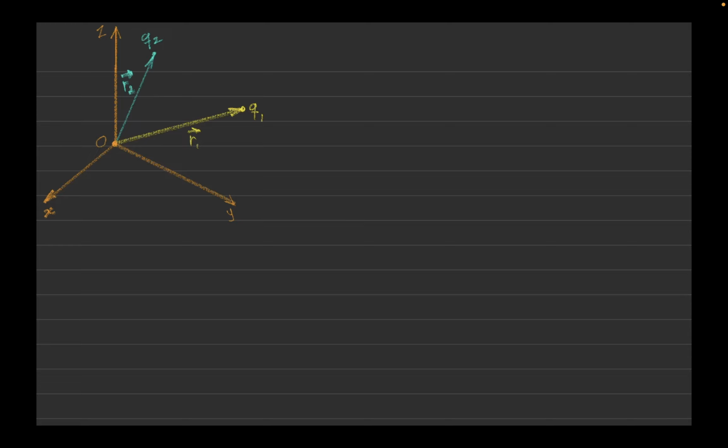Okay, so first let me draw this line here for you. And by that reasoning, you realize that if it is possible to have this configuration according to the demand of the problem, Q3 should be somewhere located on this blue line segment. Where exactly it is, we have to calculate if possible.